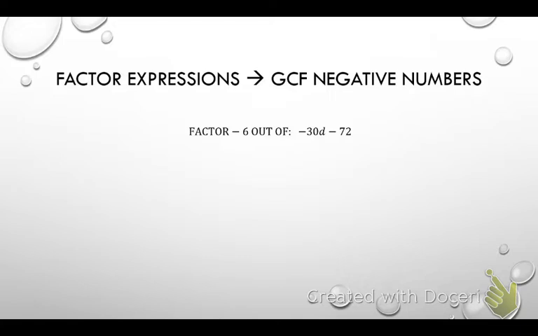Now, on the negative, which is on your quiz and test, it tells you what to pull out, and then all you have to do is divide the original term by the factor you pulled out. Go ahead and finish solving this one. Samuel, what did you get for your answer? 5d plus 12. All right, he said 5d plus 12. Do you agree with him? Yes.